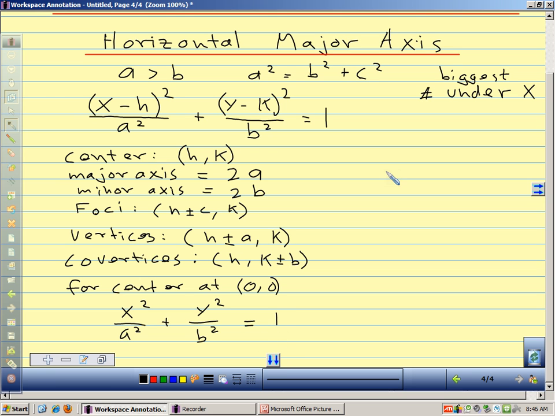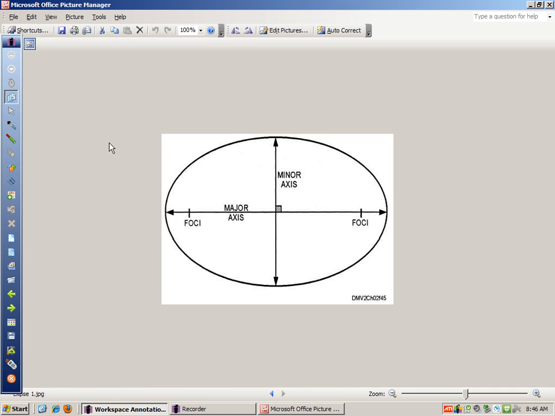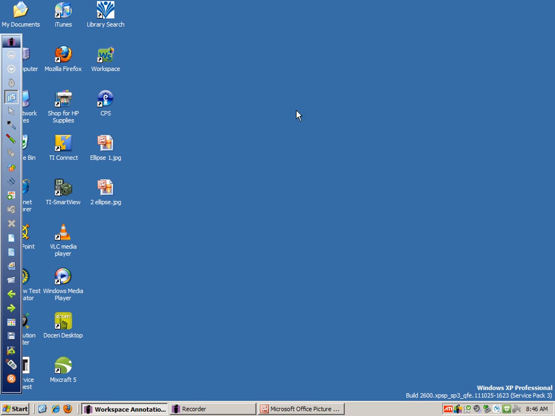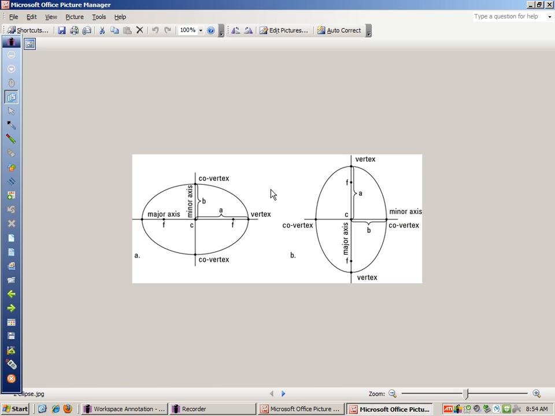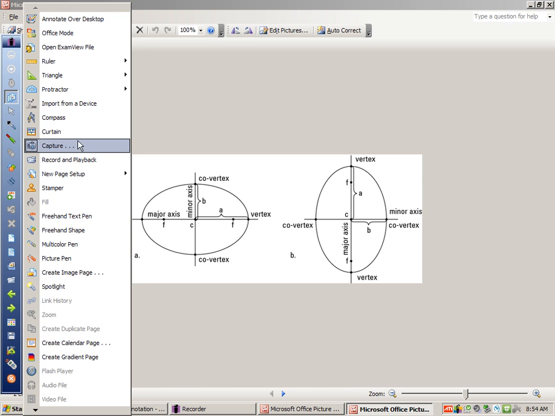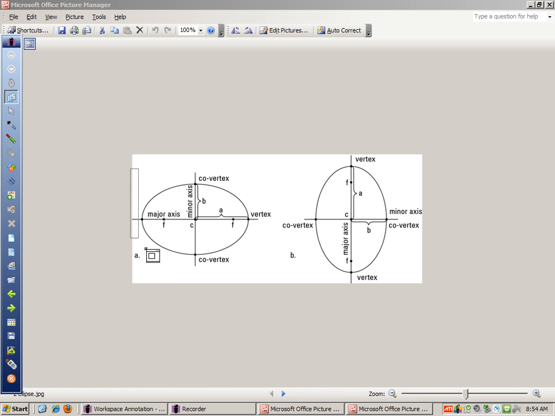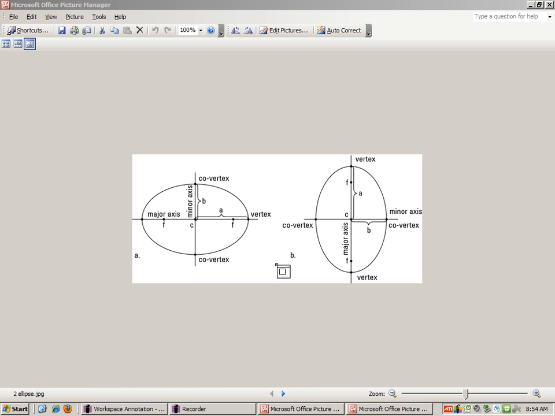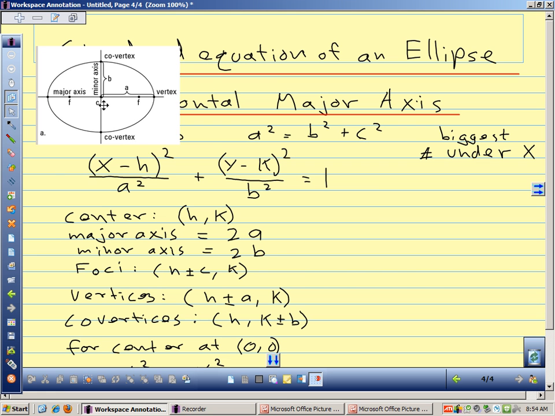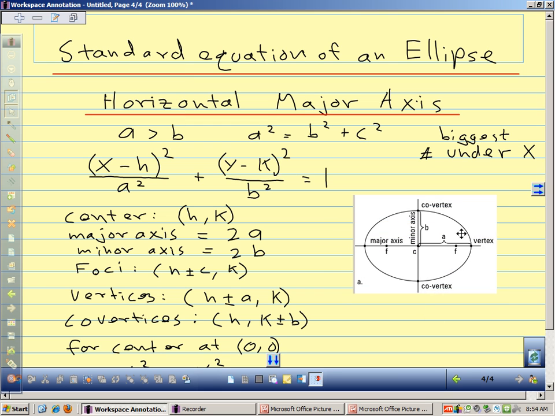And let me grab another picture for this one. I just want to stick a little picture over here. So there's our picture.